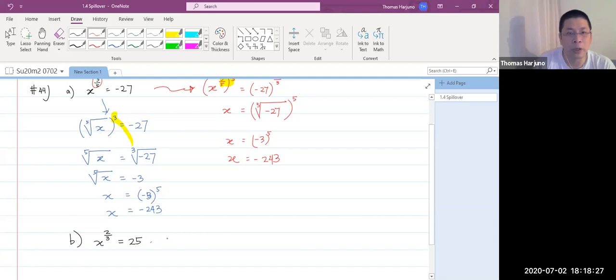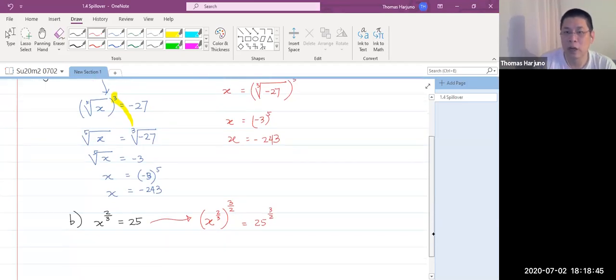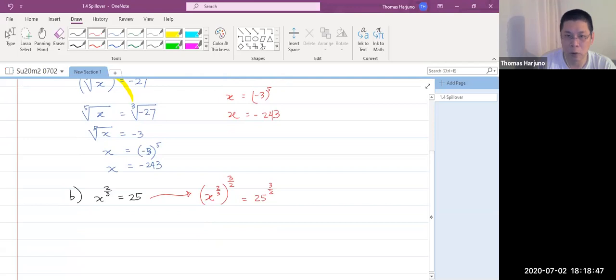If I do it this way, taking it to the power of the reciprocal of the exponent, you may not realize that we may have done something wrong.